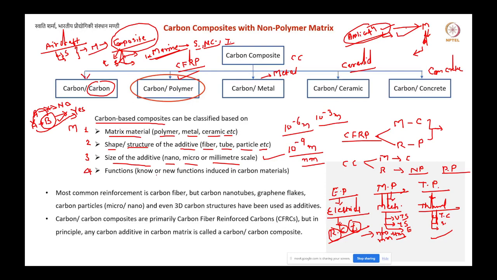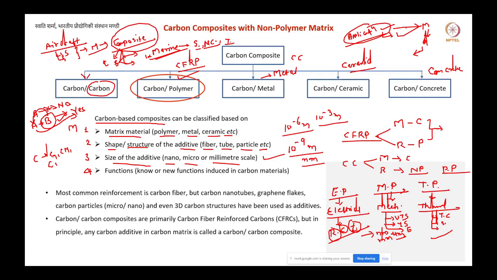Few functions are induced in carbon materials; there are a lot of functions. The most common reinforcement is carbon fiber, but carbon nanotubes, graphene flakes, carbon particles, and even 3D carbon structures have been used as additives. So if you have a carbon matrix, you can add some graphene flakes, carbon nanotubes, carbon particles, or some 3D structure.